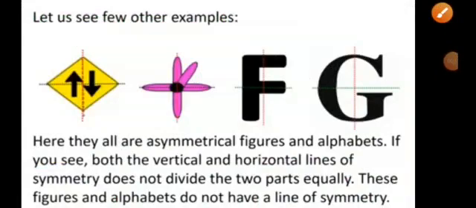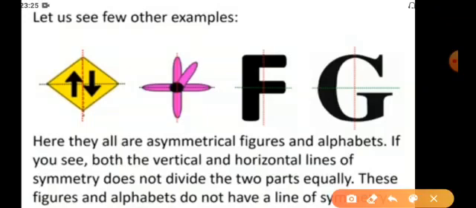Let us understand few other examples. Here they all are asymmetrical figures and alphabets. If you see, both the vertical and horizontal lines of symmetry do not divide the two parts equally. These figures and alphabets do not have a line of symmetry.